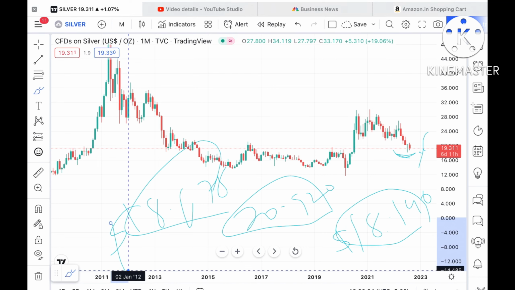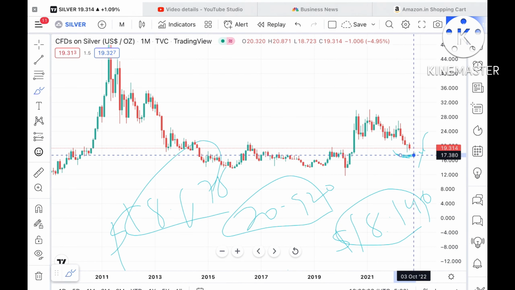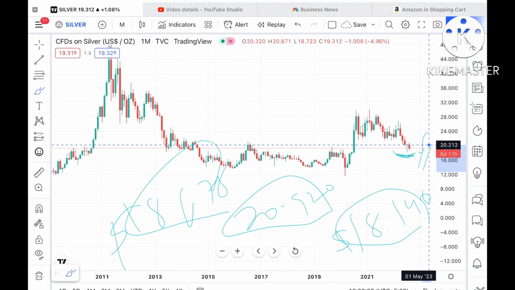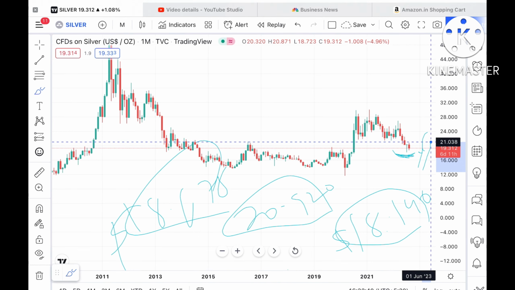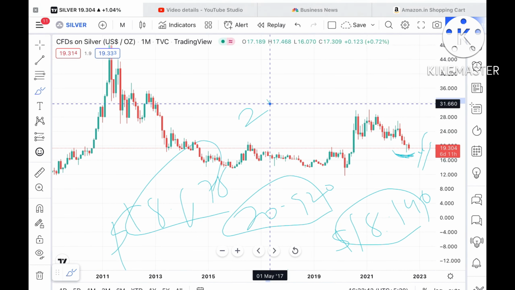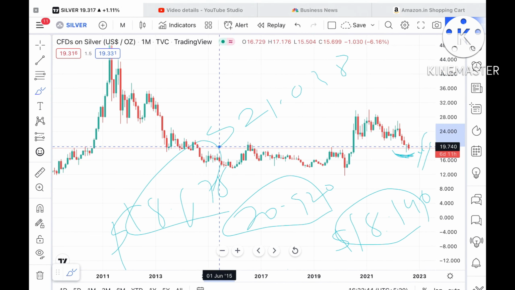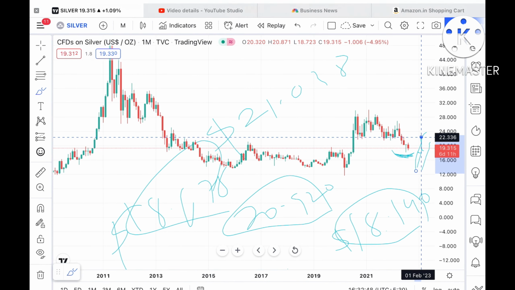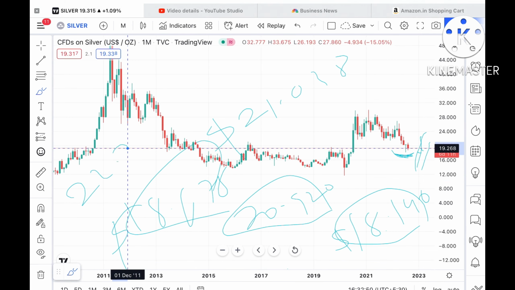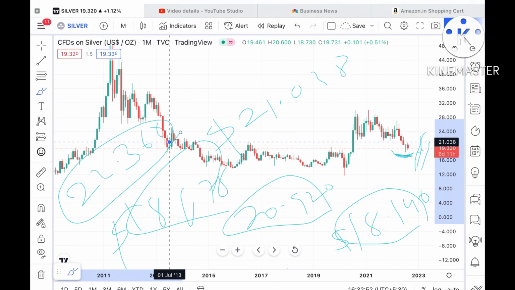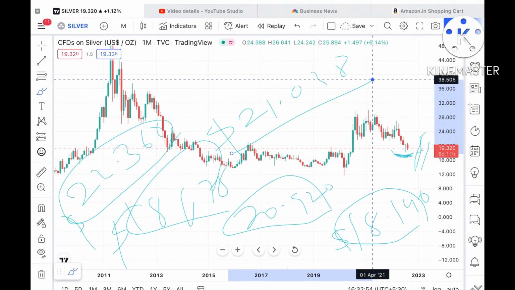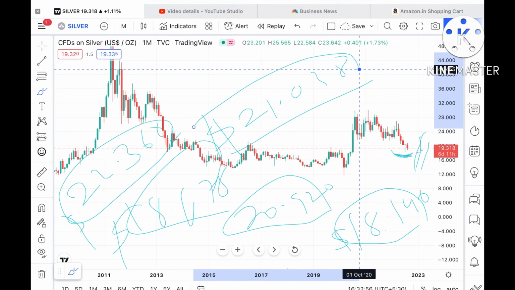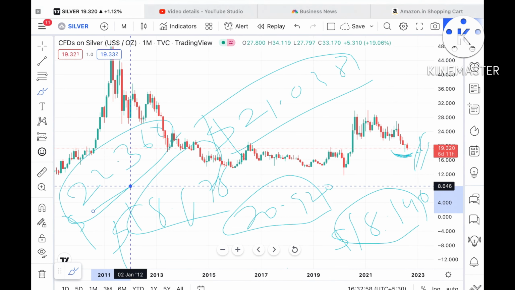Suppose this swing formed and this level sustained, then we can see it go further upside towards a level of $21.038. From there it can go further high and touch around $22.360. Once the level of 21 sustains, there is a high probability of touching $22.360.